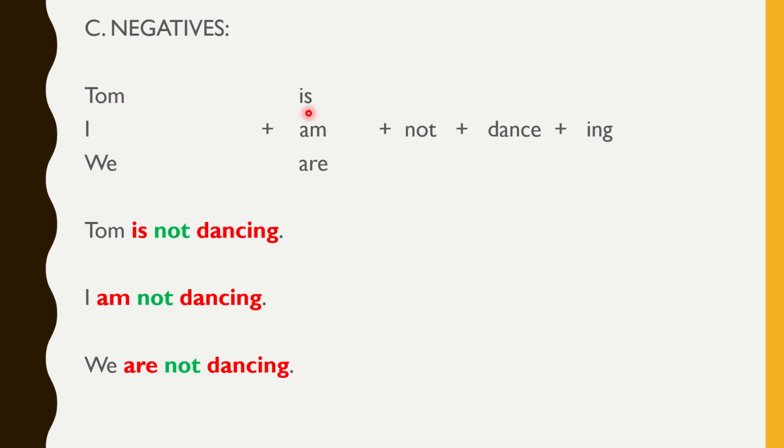Tom plus is plus not plus dance plus ing. Tom is not dancing. I plus am plus not plus dance plus ing. I am not dancing. We plus are plus not plus dance plus ing. We are not dancing. So with that, we have come to the end of the present continuous tense.